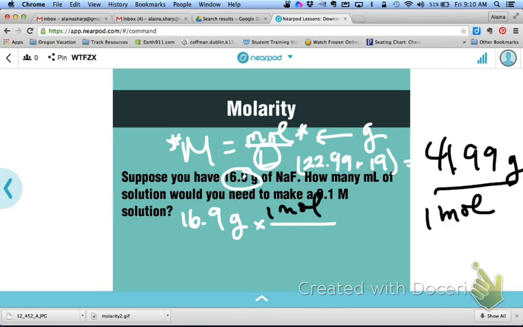So I'm going to put 1 mole in the top and 41.99 grams in the bottom. And if I do all that, 16.9 is going to be divided by 41.99. I get 0.40 moles. Okay, so I know that 16.9 grams is a little less than half a mole.